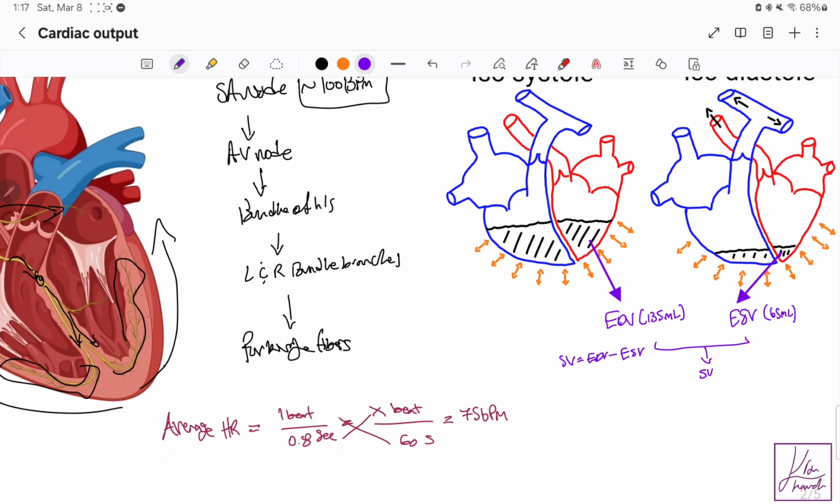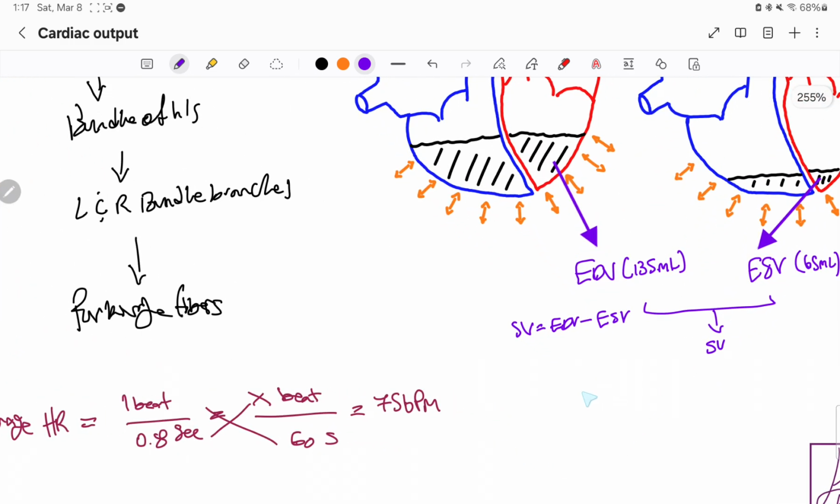Now that we have these average numbers, we can actually figure out the average stroke volume. So let's go ahead and do that, guys. We have 135 milliliters subtracted by 65 milliliters. And guess what I get? I get about 70 mLs. Okay, that's beautiful, guys.